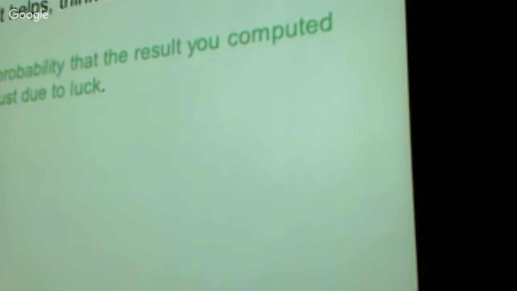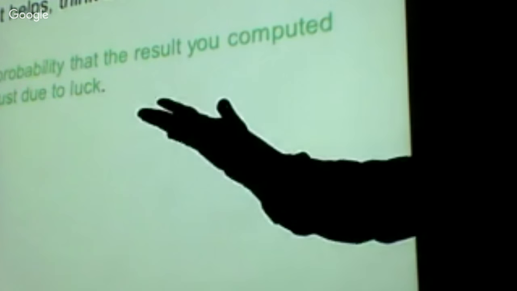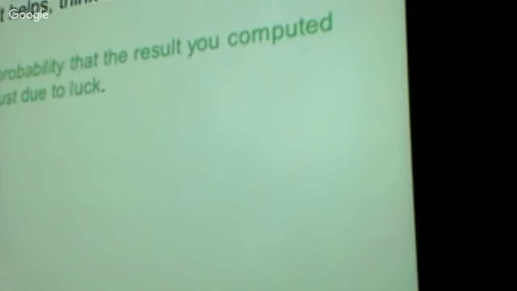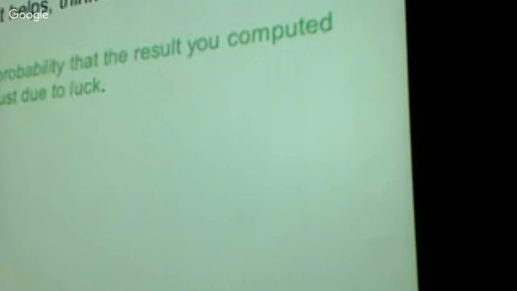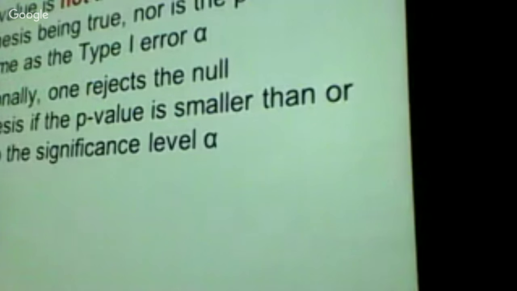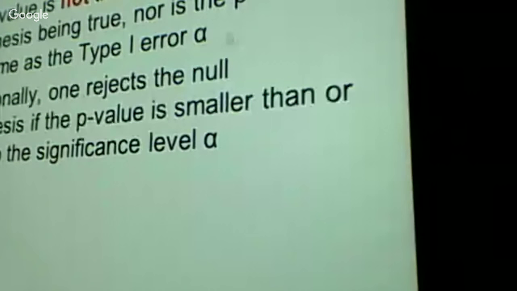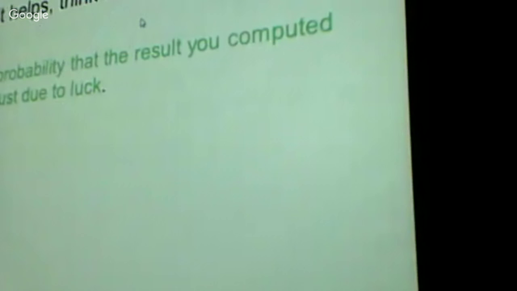So you want a low probability that it's just luck, but a high probability that what you found actually is meaningful. It's not really true, but that's what most of us kind of rely upon in the heat of the moment. Okay, the p-value is not this. It's not the probability of the null being true, nor is the p-value the standard type 1 error, and all that other stuff. So put that in your mind.